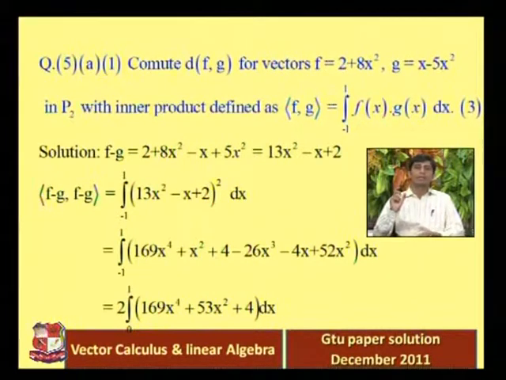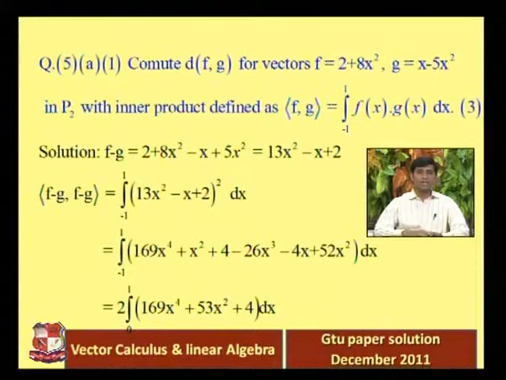Again I repeat, first of all we want to find the distance from f to g, that is equal to norm f minus g. Instead of norm f minus g we find norm f minus g square. Okay, if we get norm f minus g square we just take the square root of the answer. So norm f minus g square is equal to the inner product of f minus g with f minus g, and exactly that we find here.